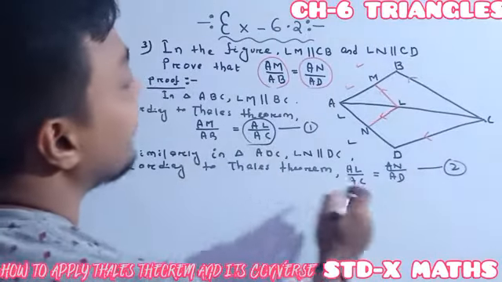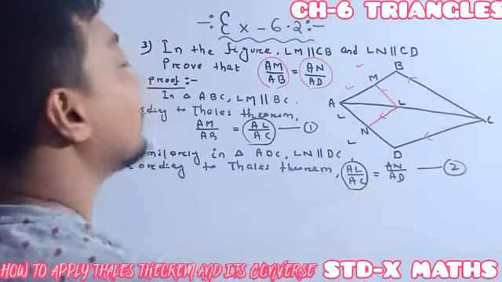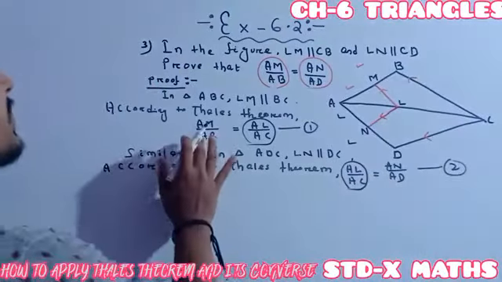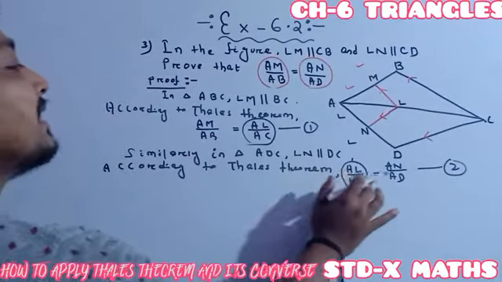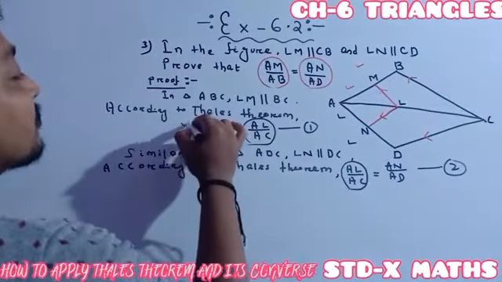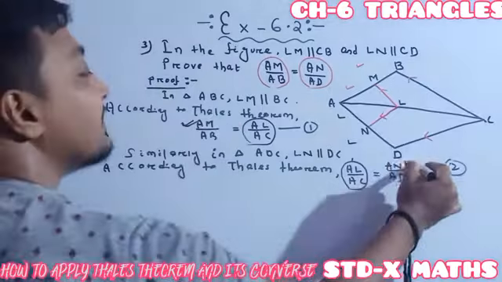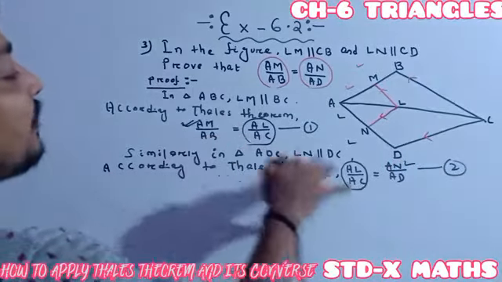From both equations I am getting this one as common. It is just like the situation x is equal to y and y is equal to z, so we can show that x is equal to z.